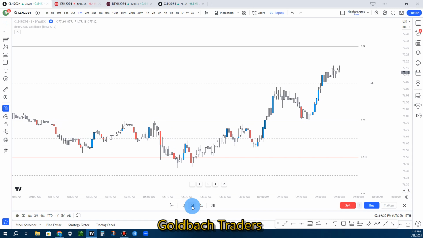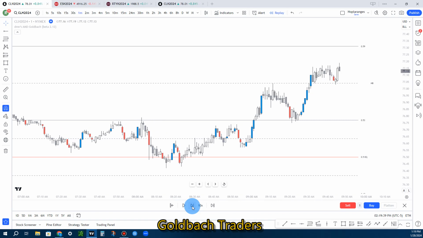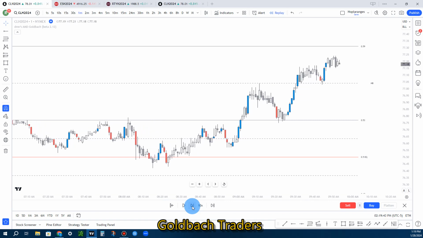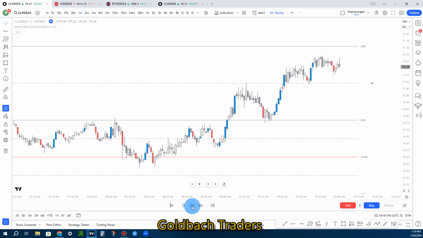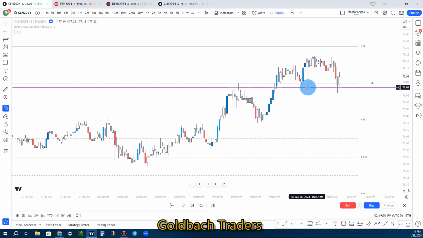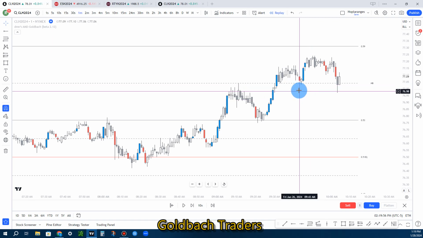But remember, for a mitigation block, I need to see an internal sweep or an external sweep, and then a mitigation block to form. Still nothing. So I'm just sitting here, sitting here, sitting here. All of a sudden, we had an internal sweep right on this spot.